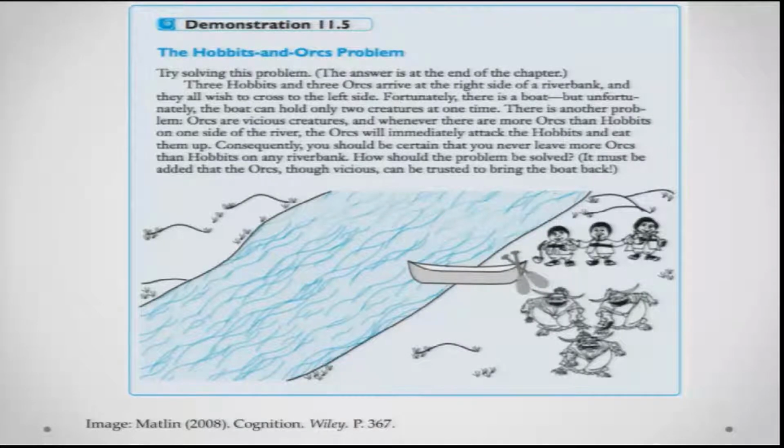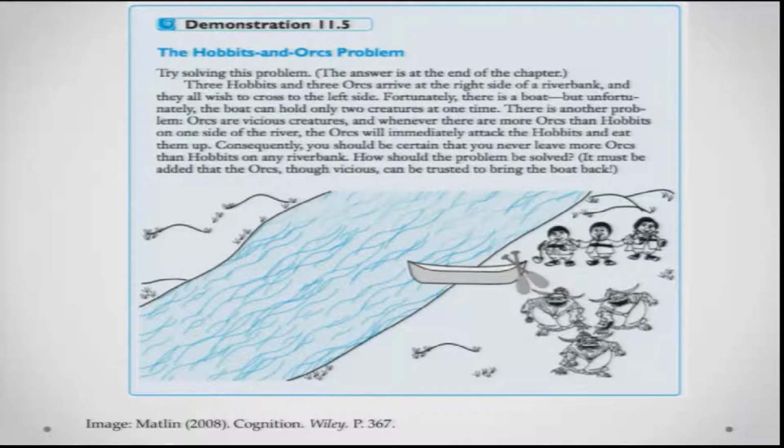This is the one that is actually similar to the goat and crocodile problem that I was referring to in the last lecture. The problem is that there are 3 hobbits and 3 orcs. Orcs are violent creatures. If both of these groups are on one side of the river, and they just have one boat to cross the river and go to the other side.